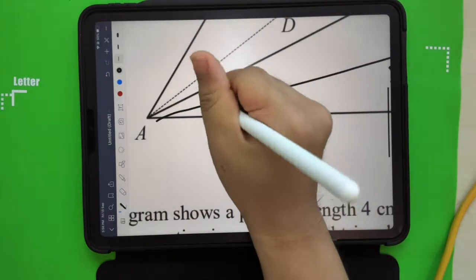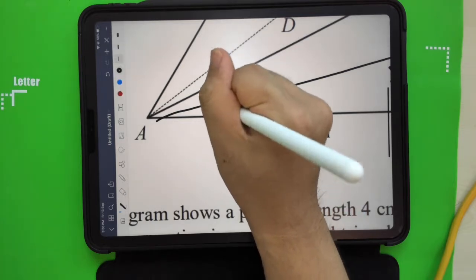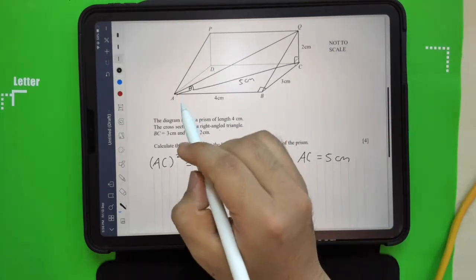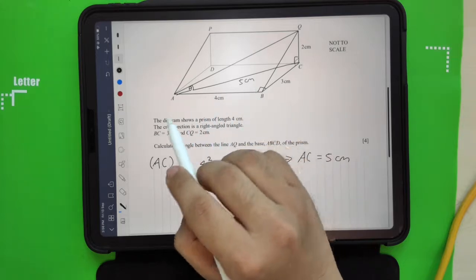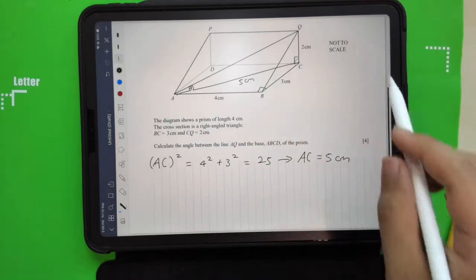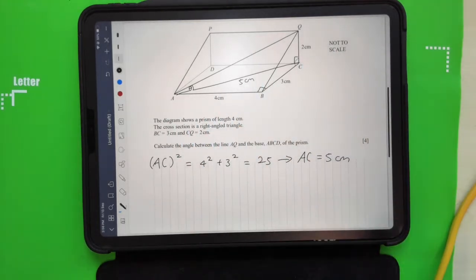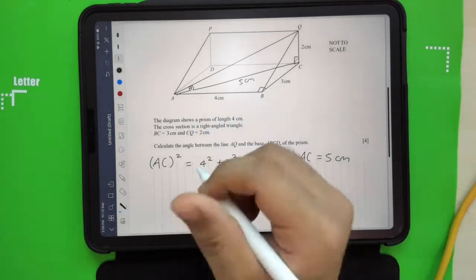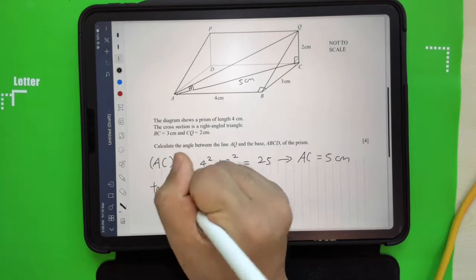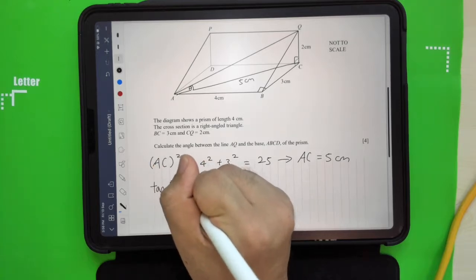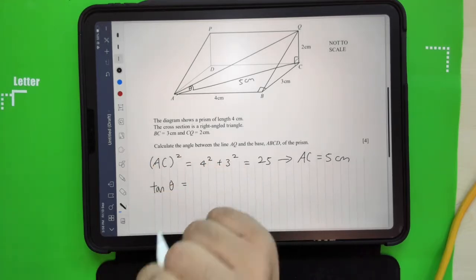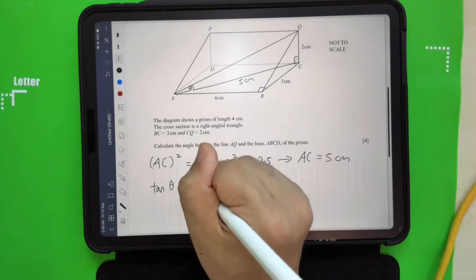So let's say we'll label this angle as theta. Okay, so angle theta, we have the adjacent and the opposite. Using the basic trigonometric ratios, SOHCAHTOA, we know that we can use tangent to find the value of this angle. What this tells us is that tangent theta equals opposite over adjacent, which is 2 over 5.